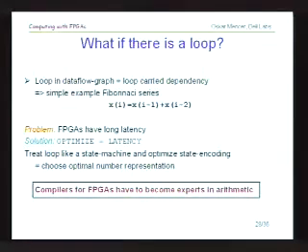So now, a question that arises is, what if there is a loop with a dependency? How do I deal with the actual problem that I have a dependency and a loop around it? There is a straightforward example here, a Fibonacci series, where you really need the previous 2 values in order to get the next value. The delay of your addition is really what limits your performance.